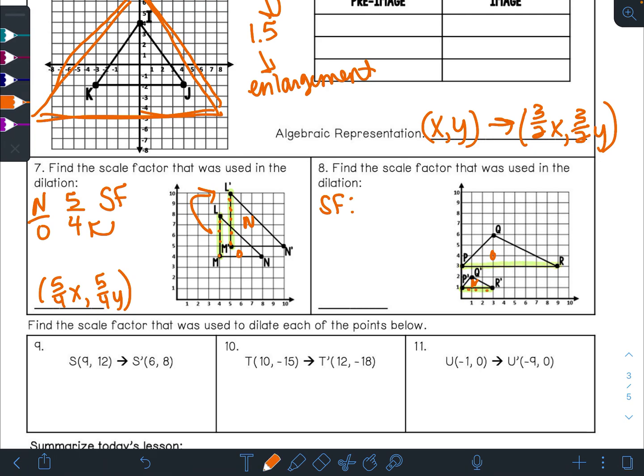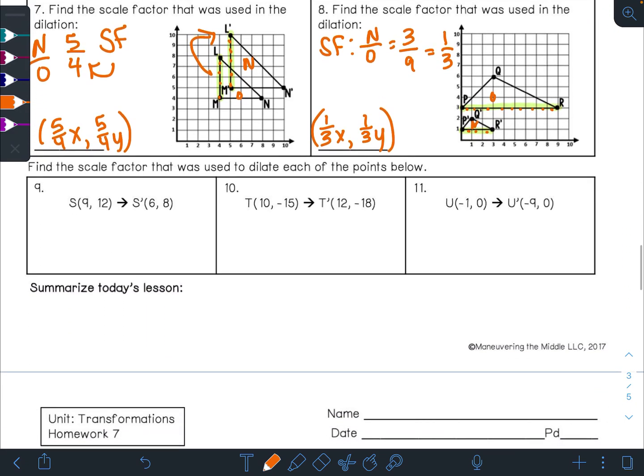So I'm going to count the side 1, 2, 3. Let me rewrite this so that it makes sense. So new over original. I have 3 over 1, 2, 3, 4, 5, 6, 7, 8, 9, and that simplifies down to 1/3. So my scale factor is 1/3, and if I wanted to write my rule, it would be 1/3 x, 1/3 y.